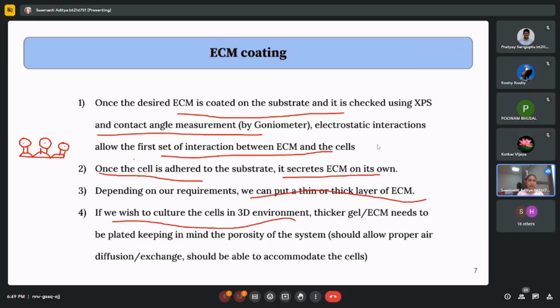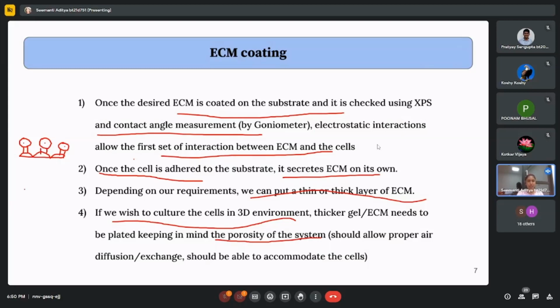It should be properly analyzed, keeping the porosity in mind: how porous the ECM needs to be so that the cells can be accommodated.